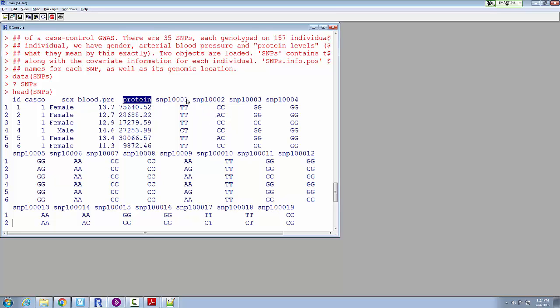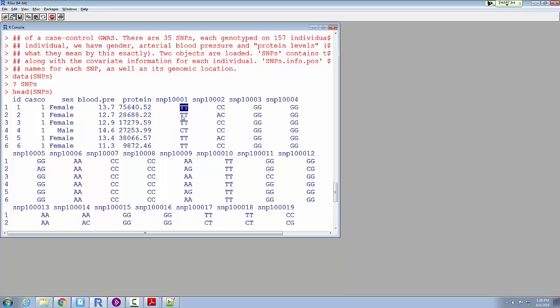SNP 1. For individual 1, chromosome 1 had a T. So this is one single location in the DNA. On chromosome 1 for this individual, remember there's two chromosomes. We're a diploid organism. I have two copies of the same DNA. Chromosome 1, it was a T at this location. Chromosome 2, it was also a T.